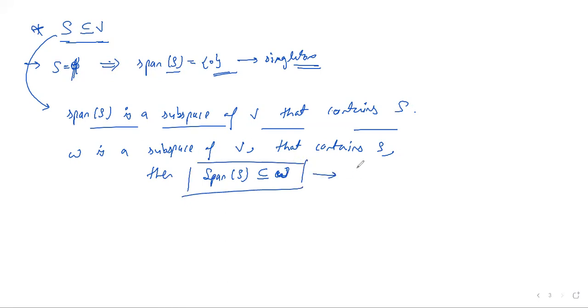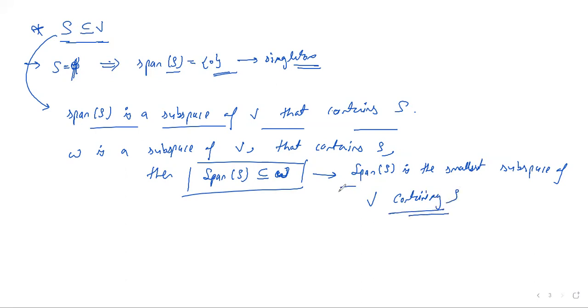I mean that the span of S is the smallest subspace of vector space V containing S. In the sense that every subspace of V containing S also contains the span of S.